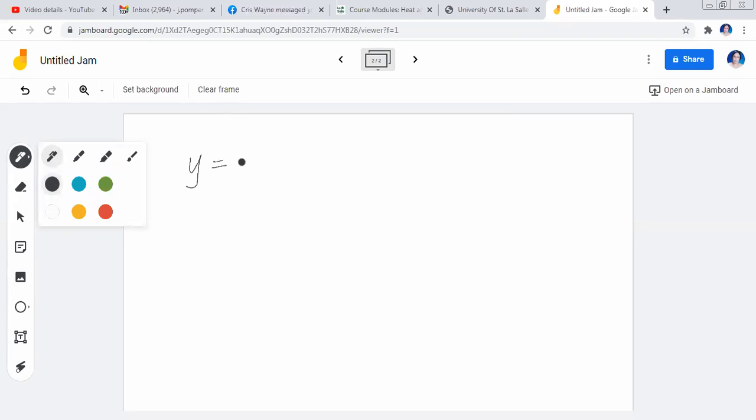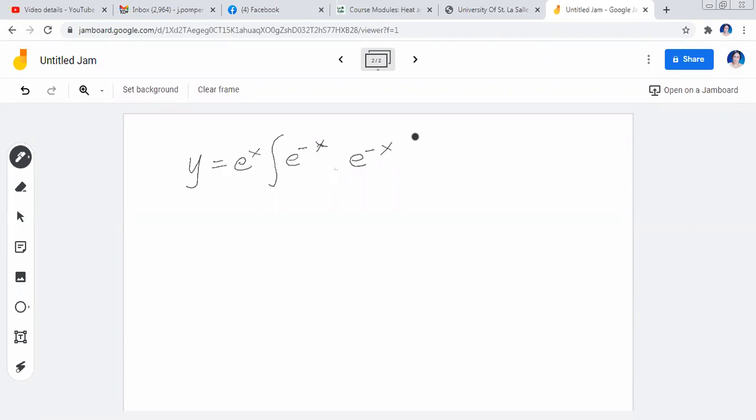So you have here e raised to x, integral of e raised to minus x, times, by the way, this is minus x, e raised to minus x, times the integral of e raised to x, then I will have here e raised to minus x dx. So I will explain why I have this.